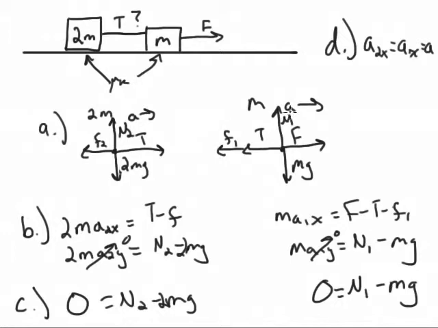So now we want to write down these equations using the frictional forces, the normal forces, and acceleration in terms of given quantities only. What we want to do is solve for either the acceleration A in terms of given quantities, or solve for the tension T. We could do this a couple different ways.